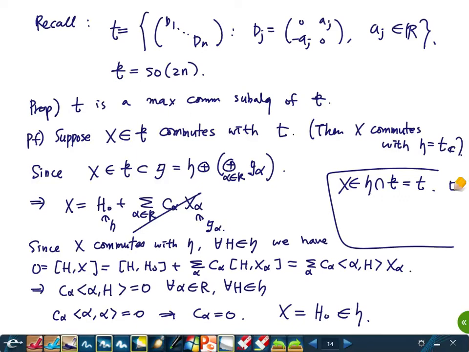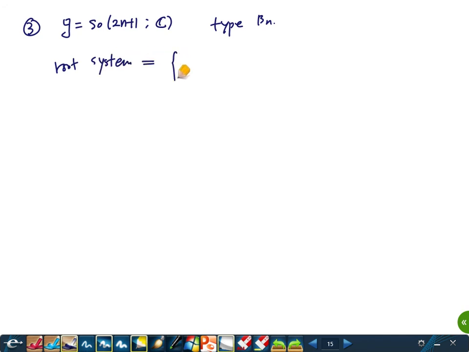Okay, so we did it for type A, type D, and there are two more, type C and type B. They are all written in the textbook, so you can just read the textbook. But let me just tell you the result. This is type B_n. In this case, the root system is plus or minus e_j plus or minus e_k, which is the type D_n root system, but we have more: plus or minus e_j.